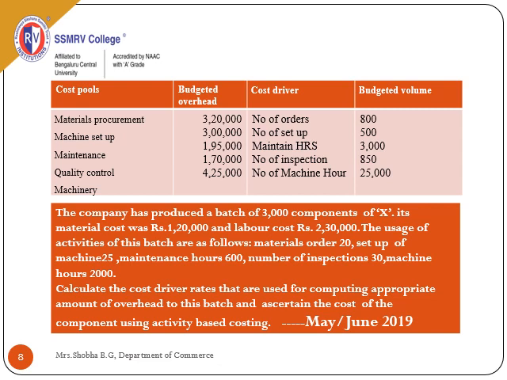The usage of the activities of this batch is as follows: material orders 20, setup of machine 25, maintenance hours 600 hours, number of inspections 30, machine hours 2000. Calculate the cost driver rates that are used for computing the appropriate amount of overhead to this batch and ascertain the cost of the component using activity based costing.